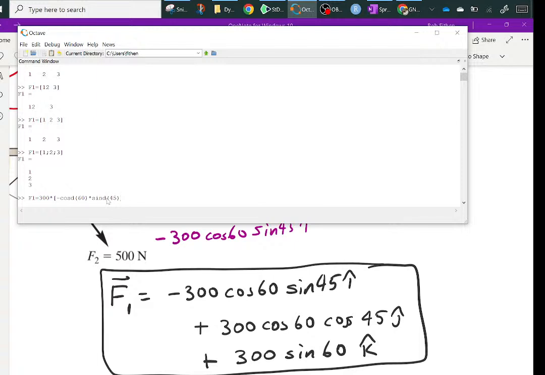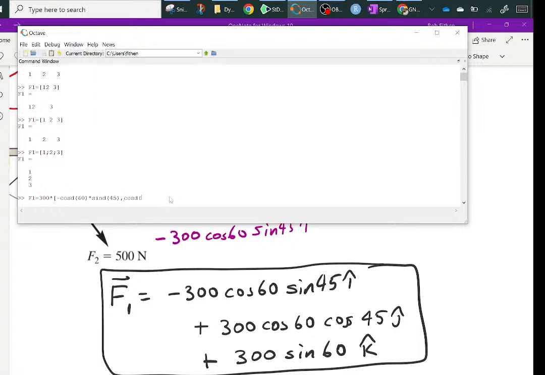So what I've entered is associated with the x coordinate. Now I'm going to enter the one associated with the y, then a space, and the one associated with the k, the j, the z coordinate. I don't know whether to use a comma or a space. It really doesn't matter. You get the same result.